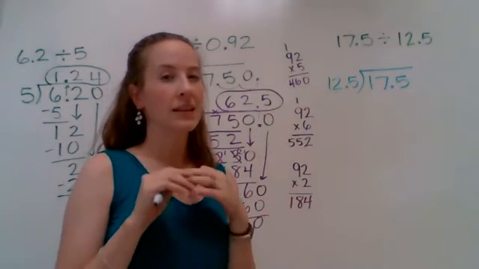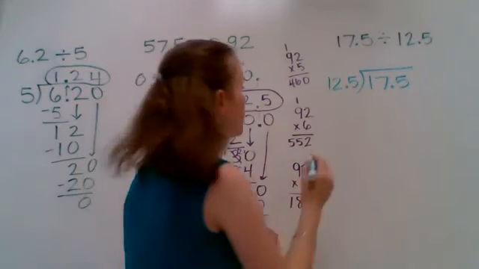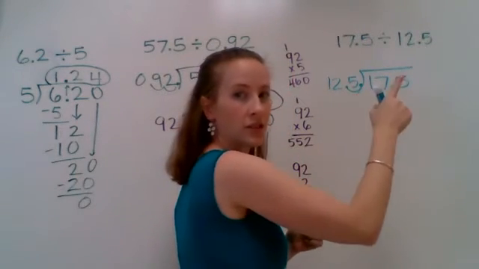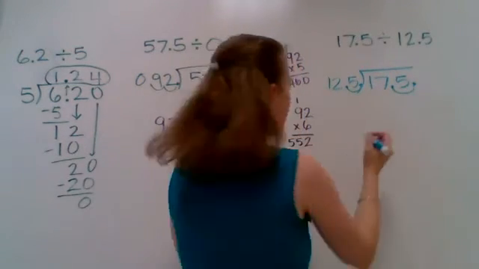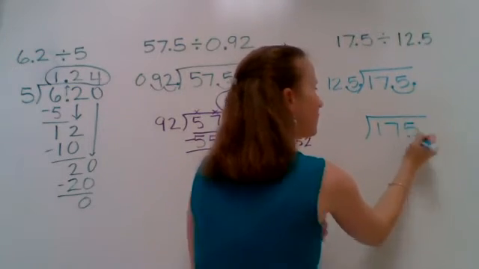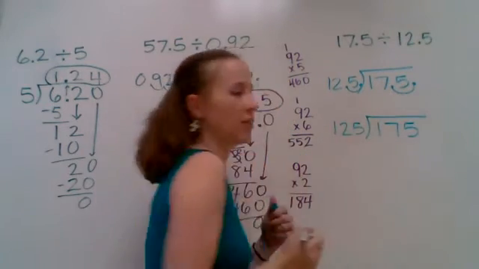So if I look at this, I say to myself, I don't know my 12.5's fact. So let's move that decimal point over. Move it over once. If I moved it in this number once, let's do the same thing in the other number. And I'm going to rewrite this. So now I have 175 inside and 125 outside.